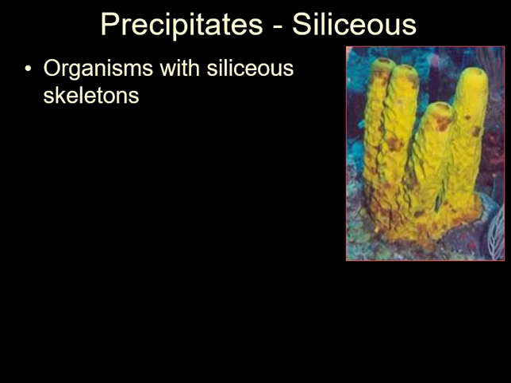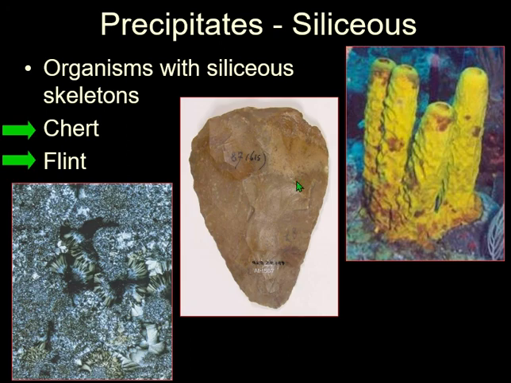This is how you have nodules of things like chert and flint. It doesn't stay behind as little spicules of silica. It conglomerates or precipitates into these oozes, which turn into these useful lumps of chert and flint, which you can then make useful things out of. There's a thin section of flint.